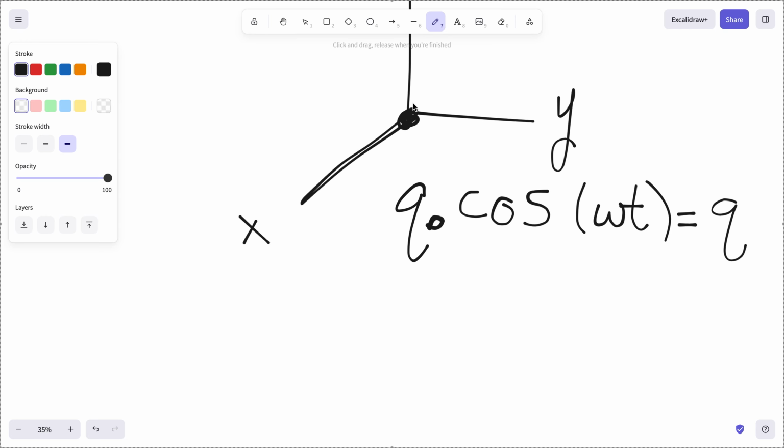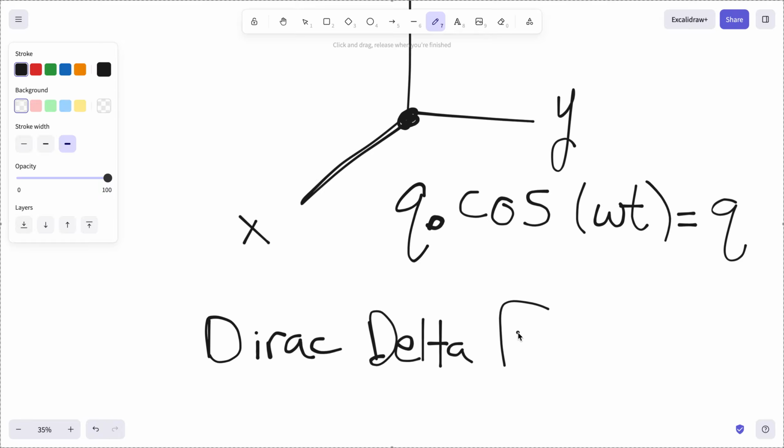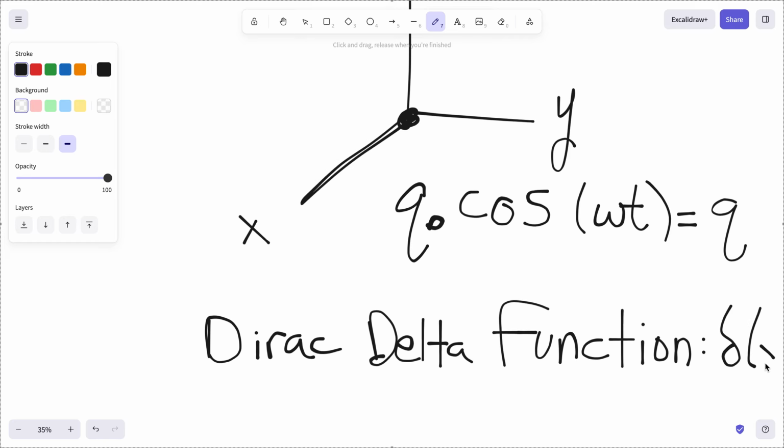This is very reminiscent of something you might be familiar with, called the Dirac delta function, which we describe as delta of some variable.